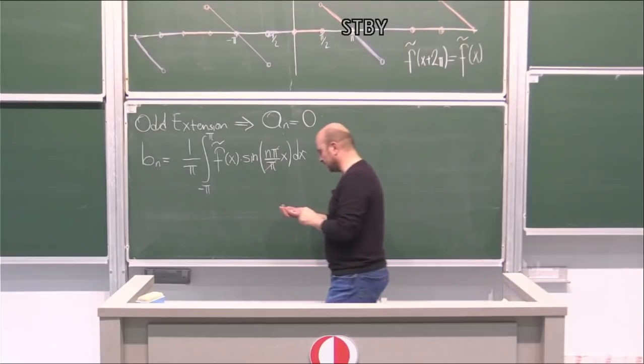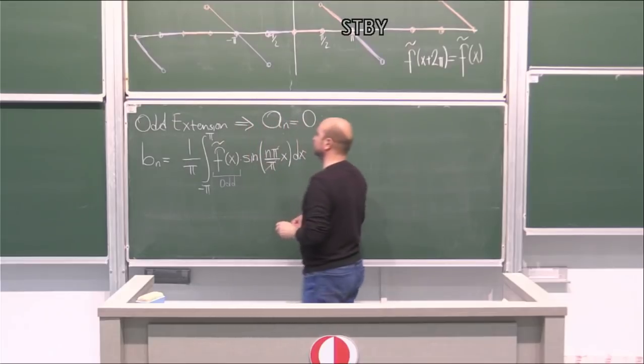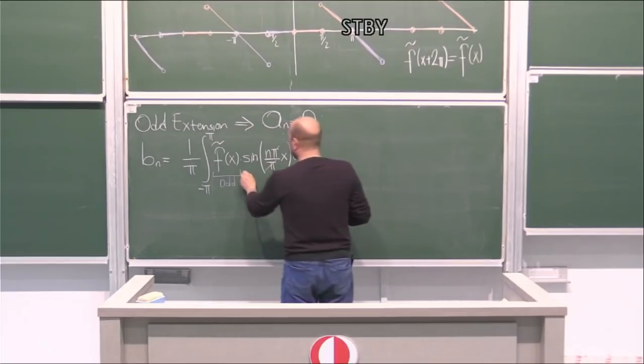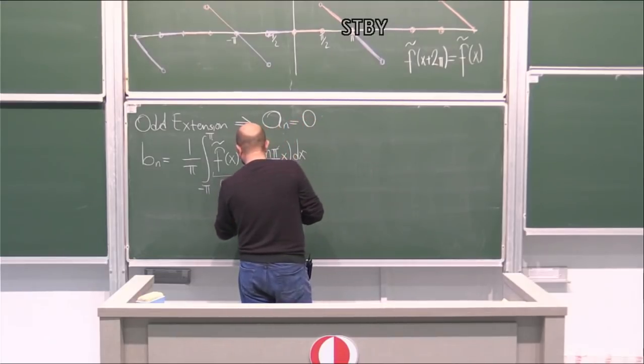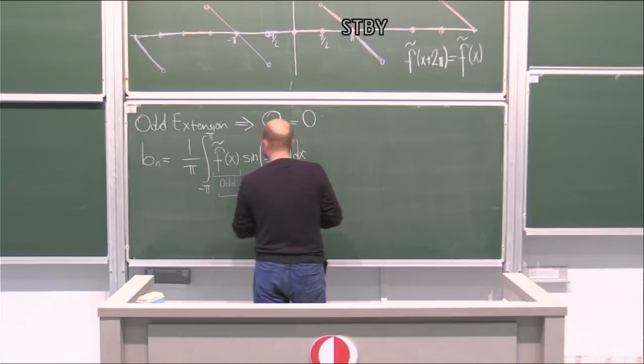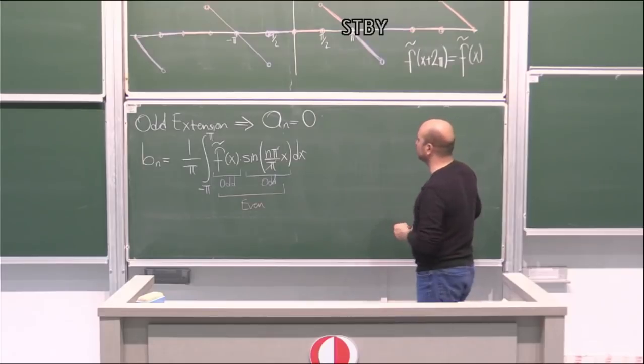But now look at the following. f tilde was an odd extension, so it's an odd function. And similarly, sine is an odd function. So if you look at the product of two odd functions, you get an even function. As a result, I don't need to integrate from minus pi to pi.